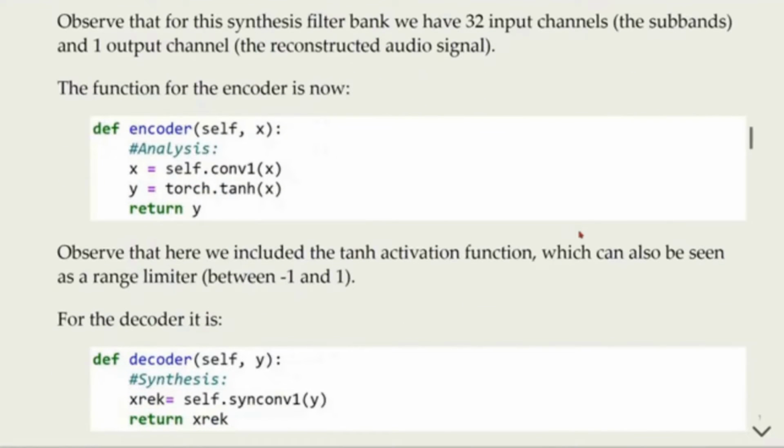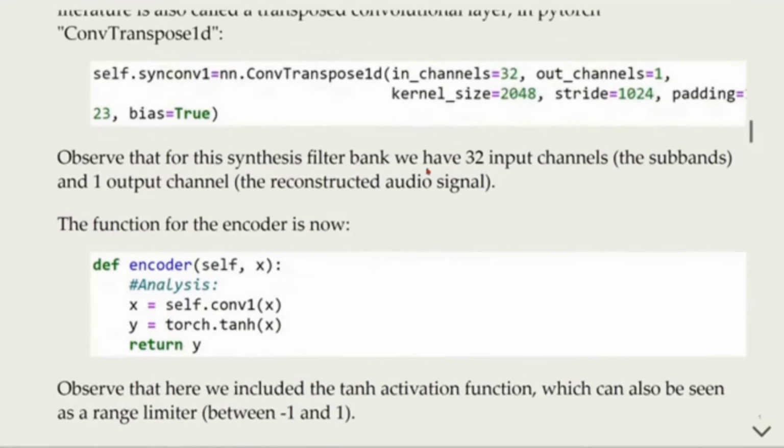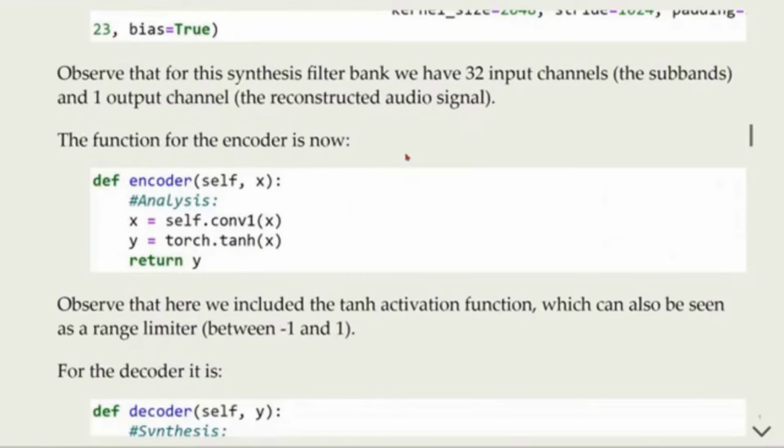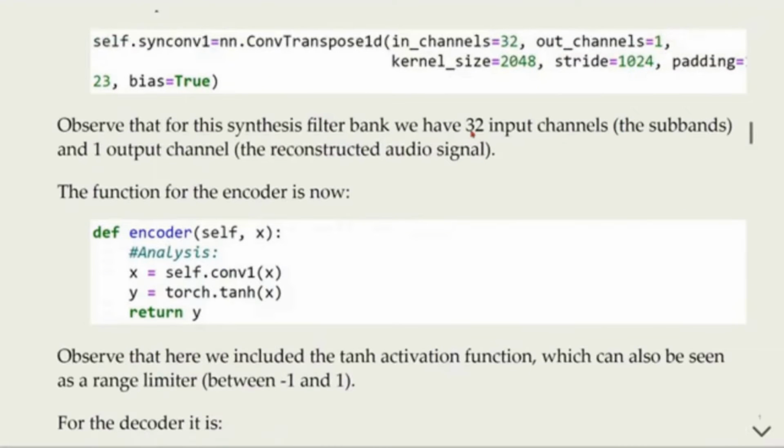The function for the encoder is now given here. So we will have our Conv1d layer given here that we're calling conv1. Then we will use the tanh, like we mentioned before, and then we will return the output.